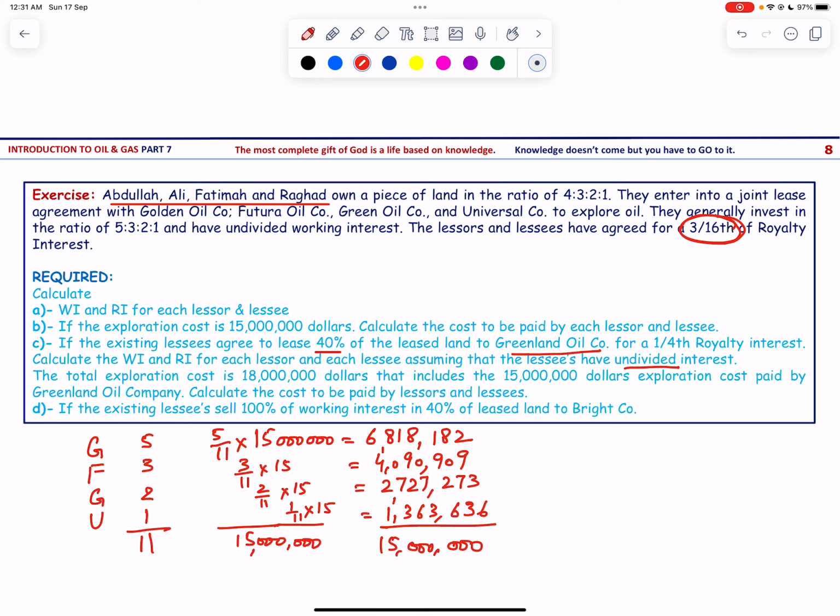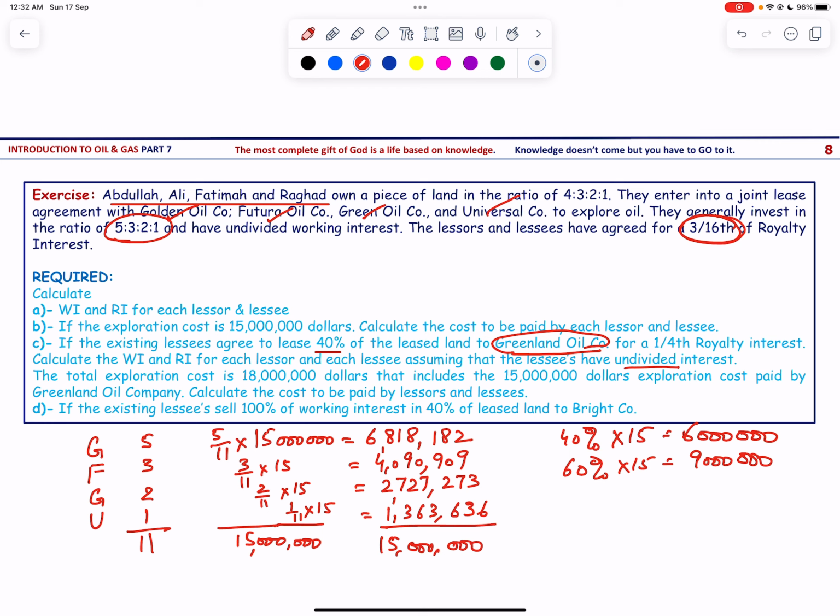So 40% of the exploration, development and production cost, 40% of 15 million, will be equal to 6 million, and this is the cost that will be paid by the Green Oil Company, while 60%, the balance amount of this 15 million, that will be equal to 9 million, will be shared by the 4 companies, that is Golden Oil Company, Futura, Green and Universal, in their profit sharing ratio, that is 5:3:2:1.